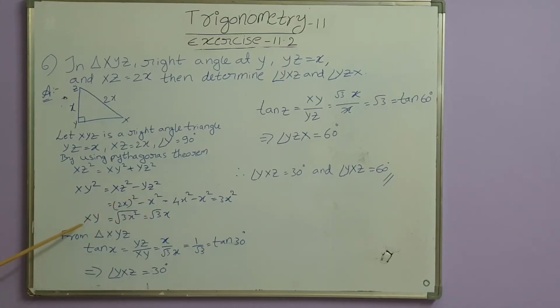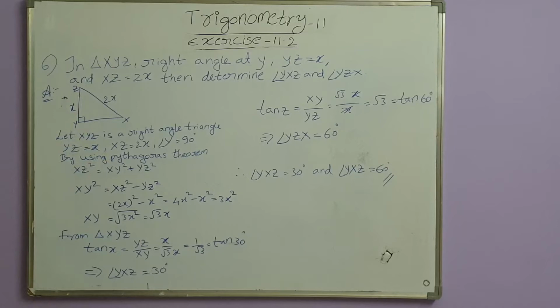Now we want the XY value. XY is the root of 3x square, the square and root cancel, so XY is root 3 x. From triangle XYZ, now we know the three side values.